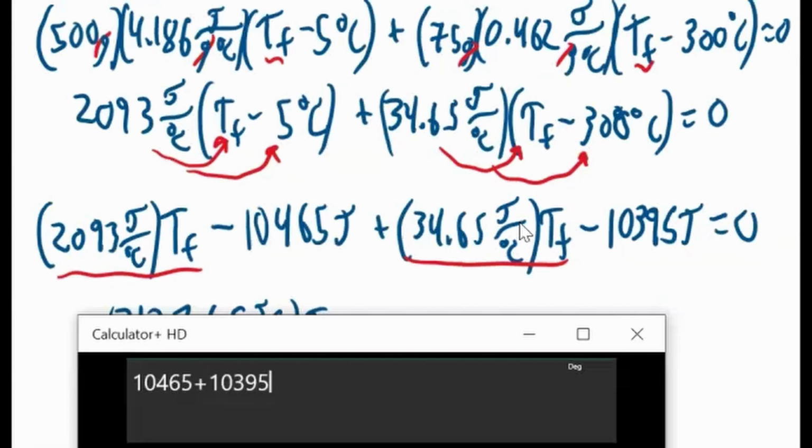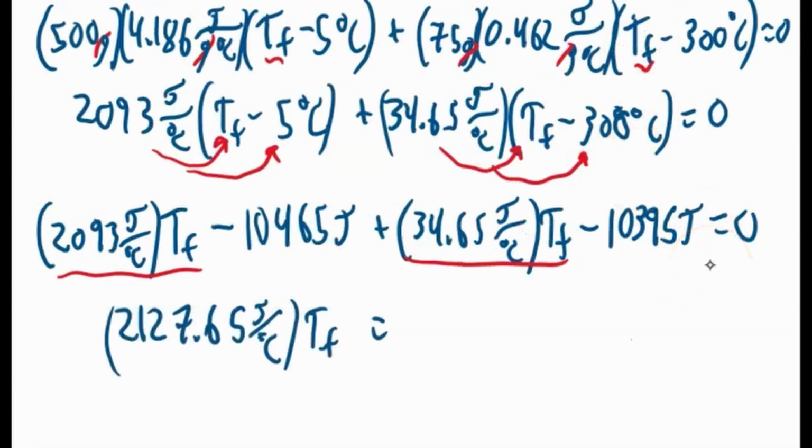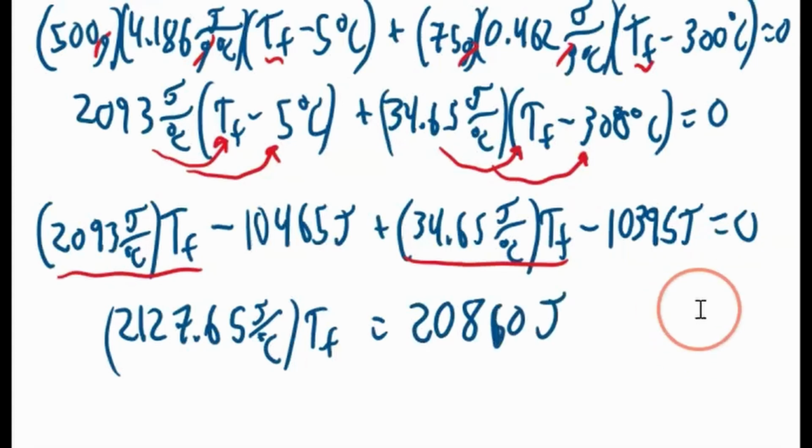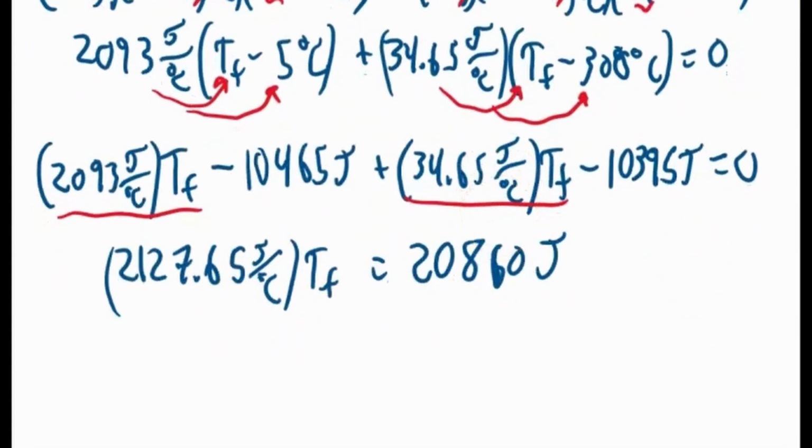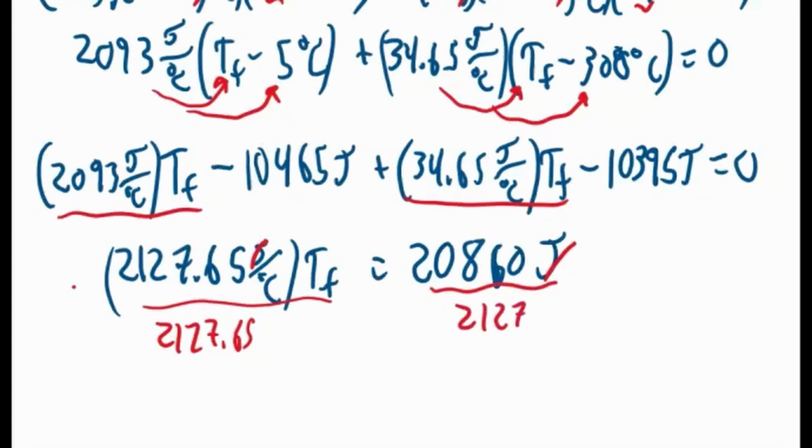I hope that's not confusing. So 20,860 joules. Our joules cancel out, and our degrees Celsius will come back up here. We're going to divide everything by this number, 2127.65, and the degrees Celsius goes up here if we multiply both sides by degrees Celsius.